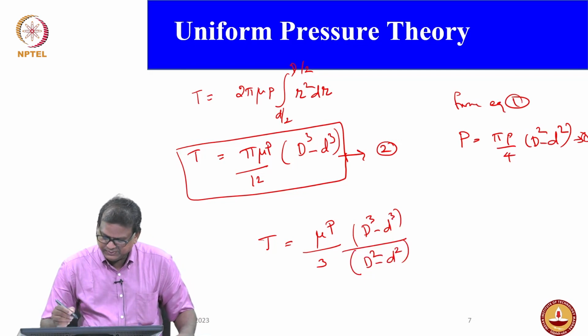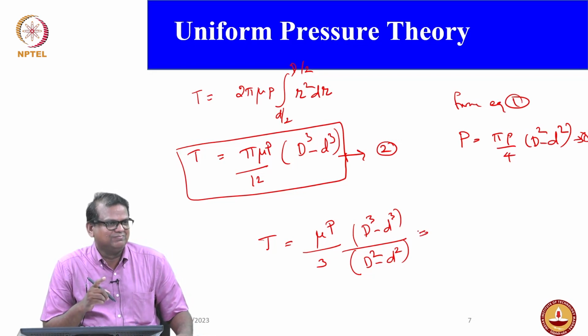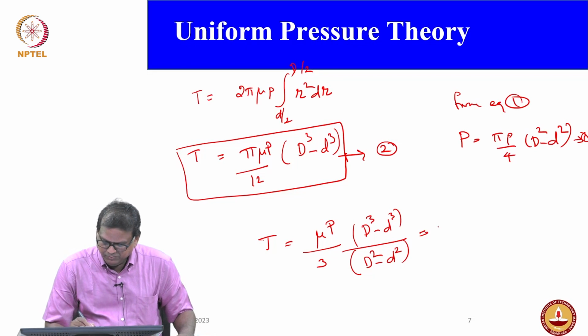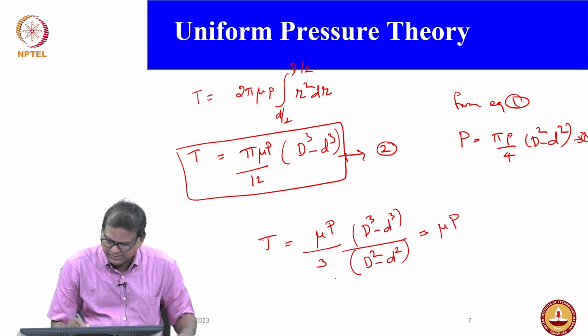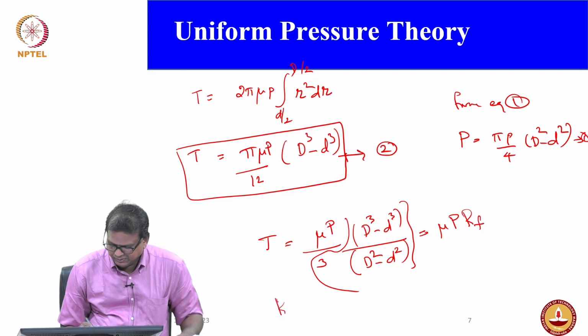In fact, we arrived at the same equation when we did the disc brake system. Here mu is the friction coefficient and P is the load. This entire term we take as RF, which is nothing but the frictional radius.